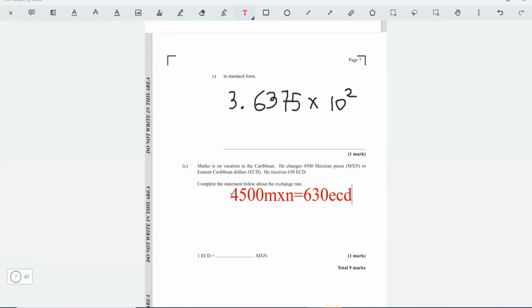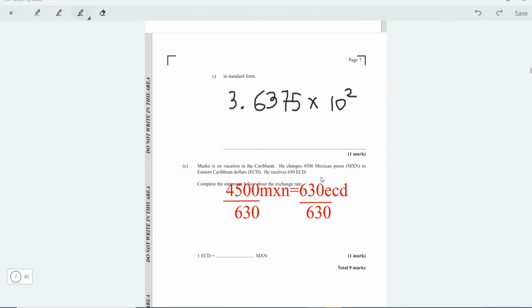To find the exchange rate, they want to know what 1 ECD is. We can divide both sides by 630. When we do our division, the 630 cancels. So let's put 4,500 over 630.